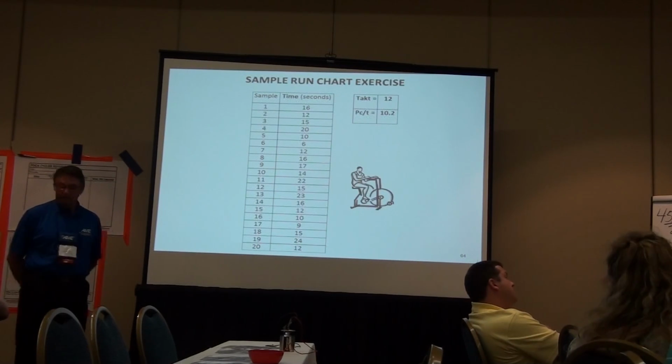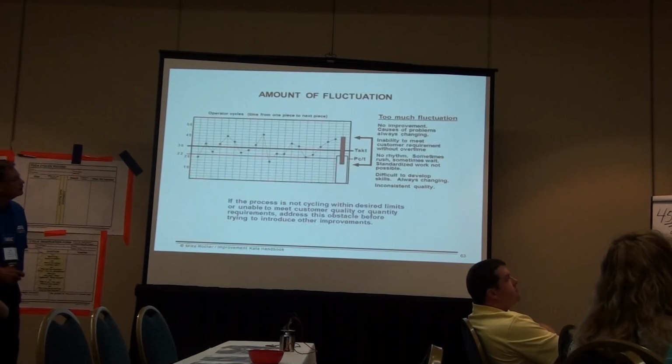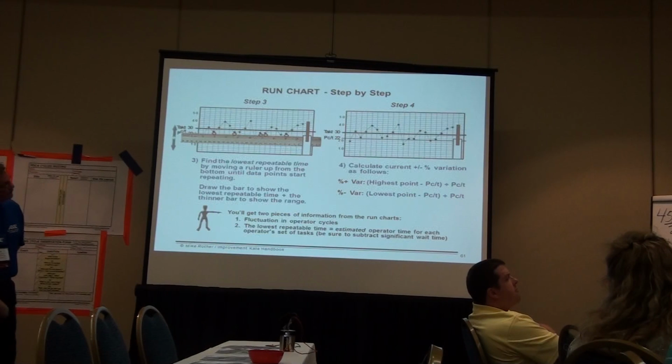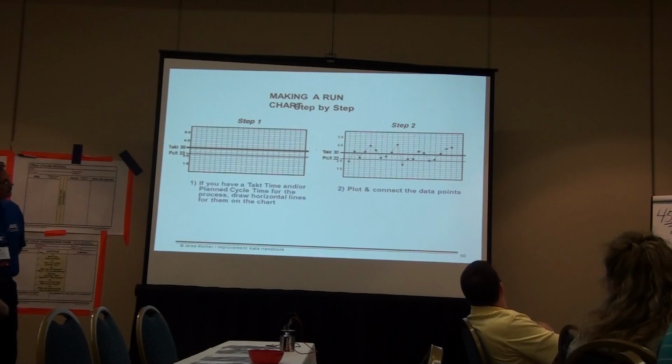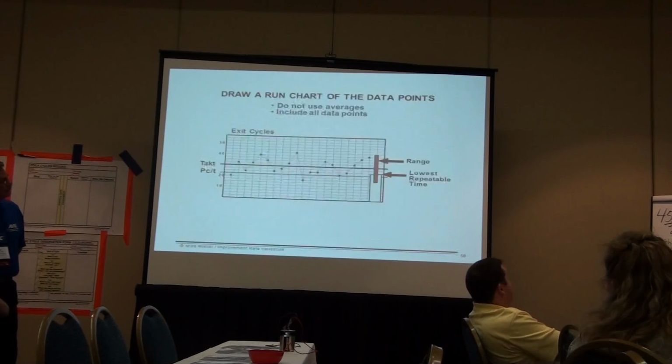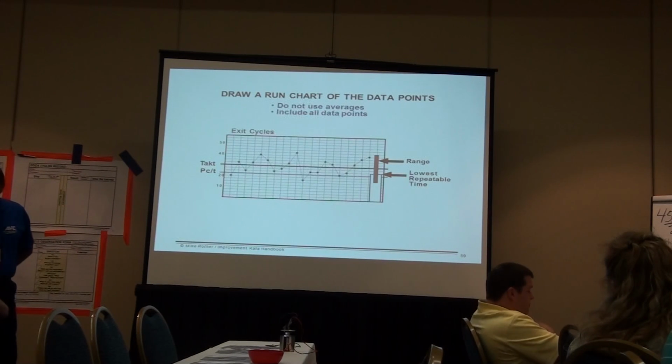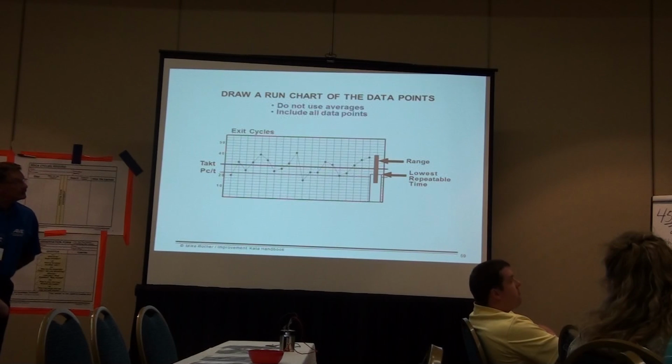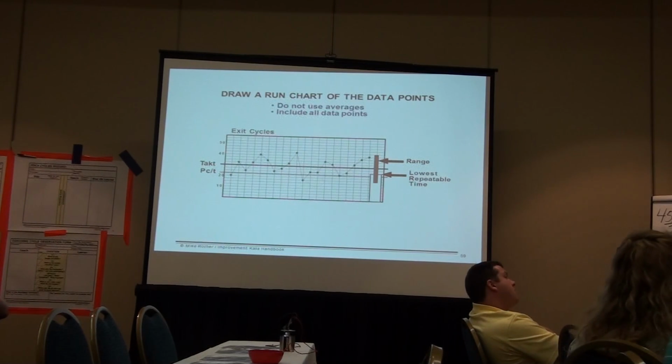If you'll flip back a couple of slides to where it says do not use averages. We always get this question. Do not use averages, include all data points. When you start timing, a train wreck is going to happen and it's going to be 57 seconds, and you're going to say, should I just exclude that?